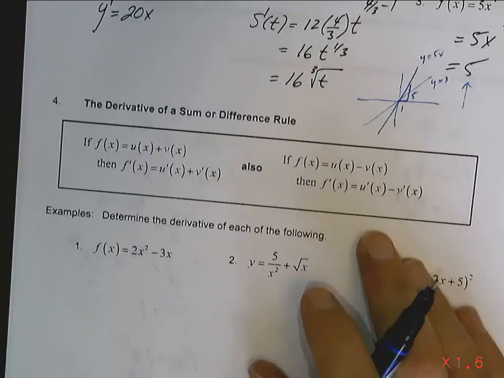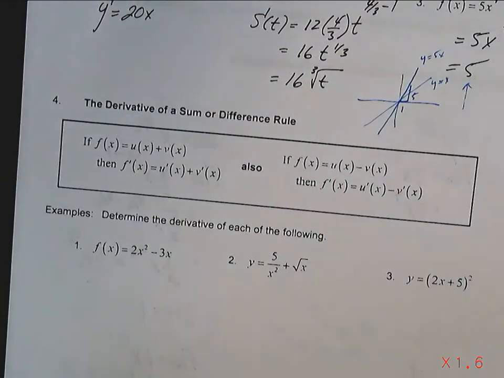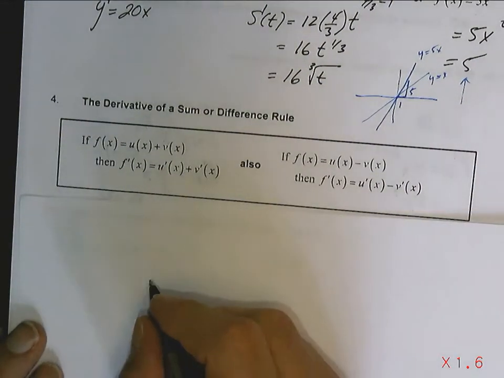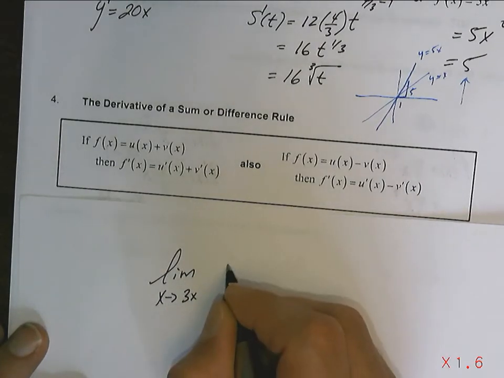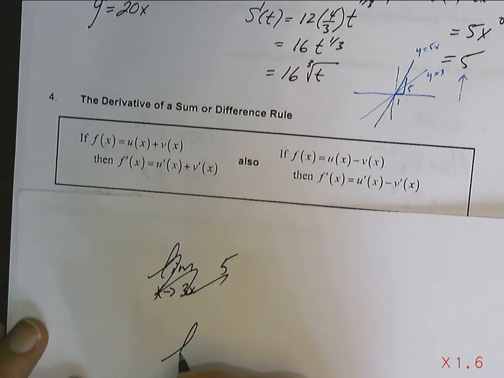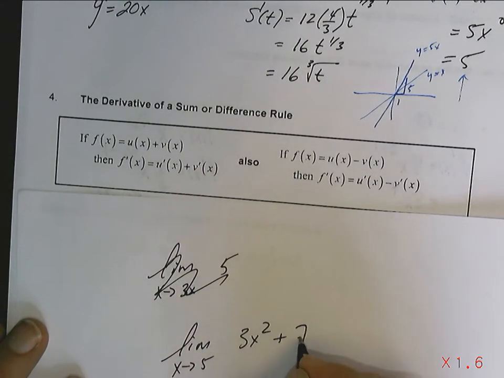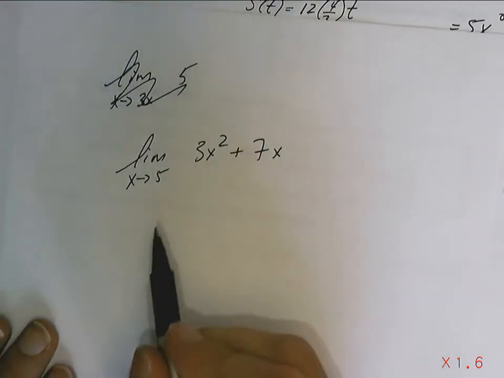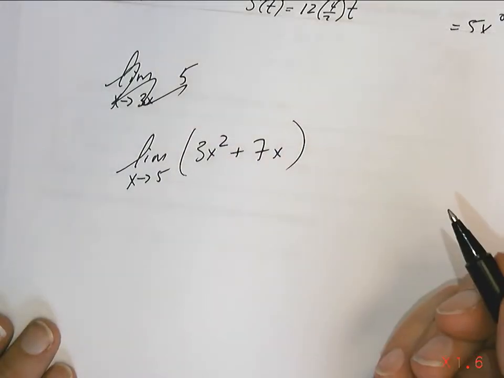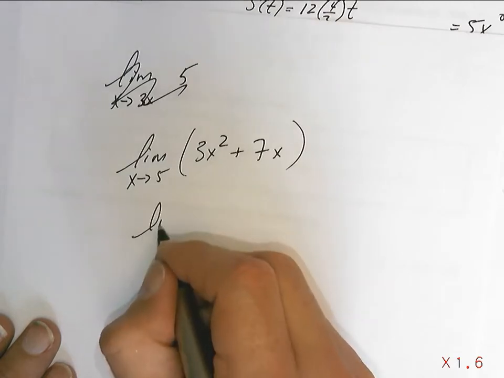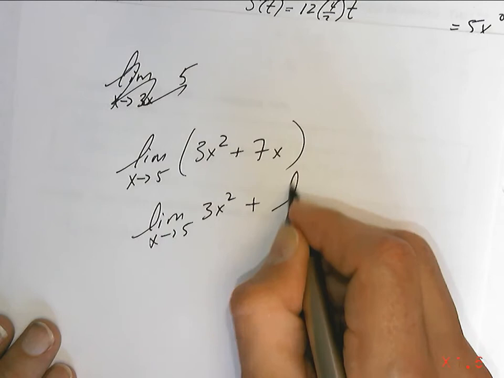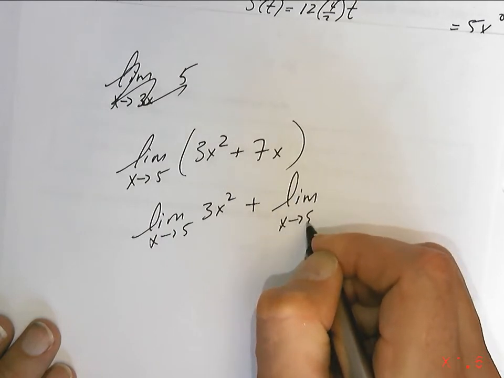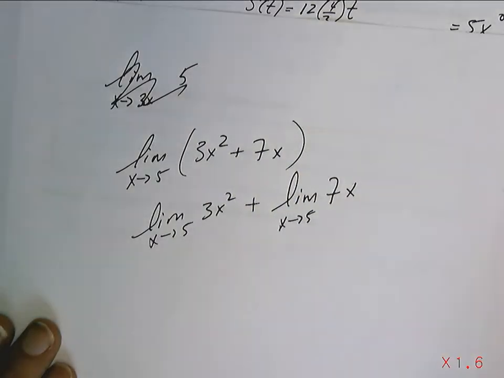Okay, limit properties once again. The limit as x approaches 5 of 3x squared plus 7x. So the limit of a sum, or difference, is equal to the sum, or difference, of the limits.